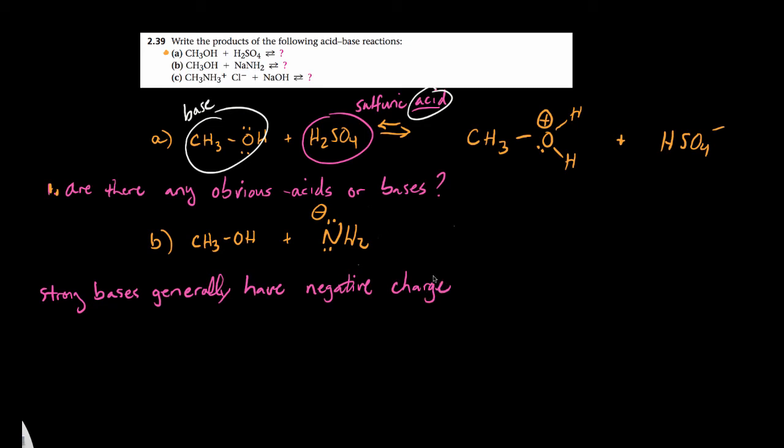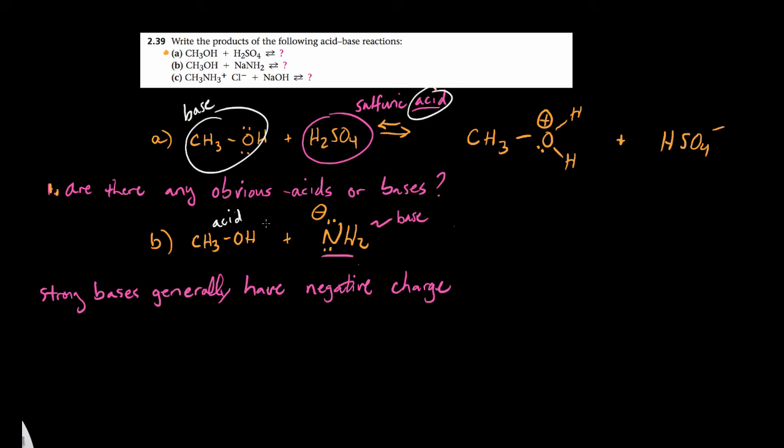So let's just try the reaction where this NH2 minus is serving as the base. So let's call this the base. And then if this is the base, then this must be the acid.